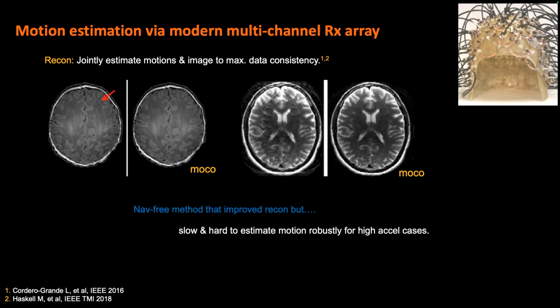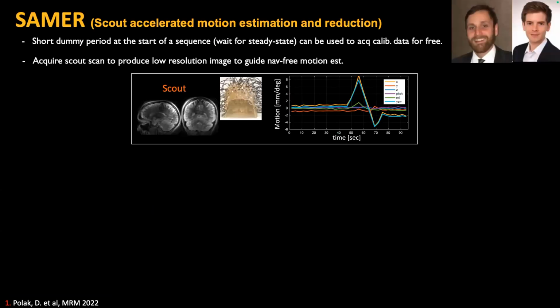However, it's hard to do really well when you have high parallel imaging acceleration, so motion can't be estimated too well there. So we developed an approach to supplement this, where we recognize that at the beginning of every sequence, you have a short dummy scan. Let's replace that dummy scan with a short scout scan, where we acquire calibration data, basically a low-res image as a scout.